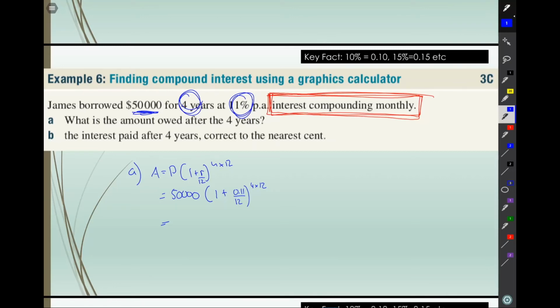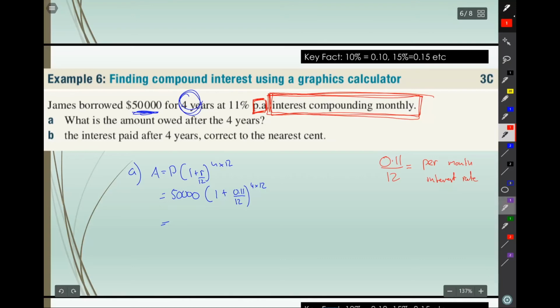Okay, why have we done this? Because this interest rate is the per annum interest rate. So we need to divide our interest rate by 12 months in the year to get the per month interest rate. Now we're timesing n by 12, our 4 years, we're timesing them by 12, because we're not interested in how many years we're dealing with, we're interested in how many months.